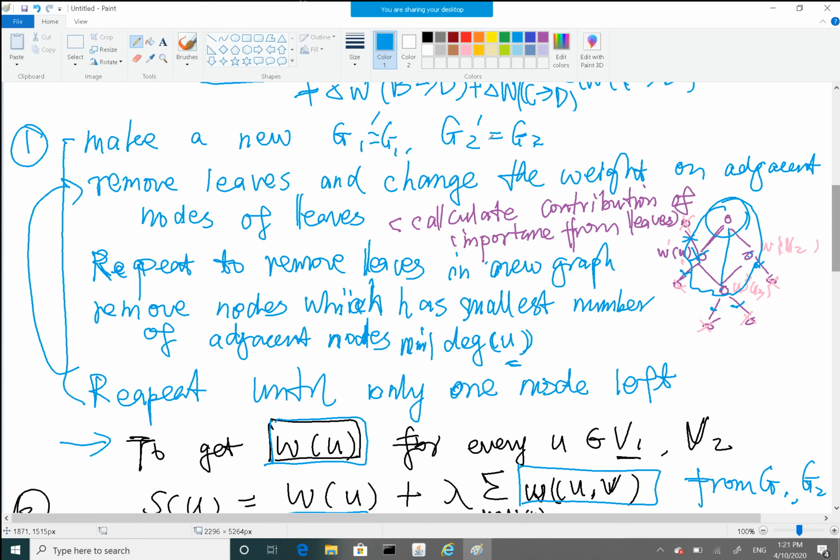And from here, you may find out that when you remove these leaves, they already count the contribution from the leaves. So the importance of these nodes relies on adjacent nodes, and also the importance of this one relies on the calculation of the previous one.